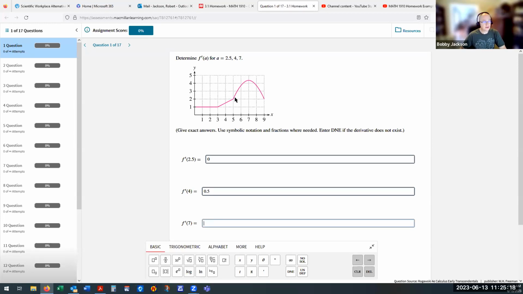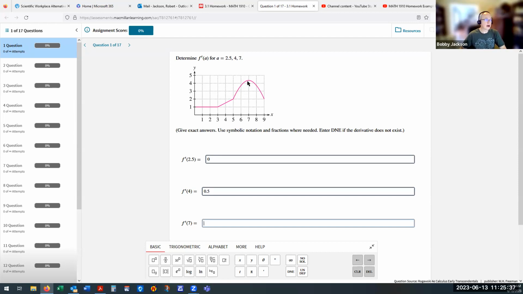And as we vary from 5 to 7, the value of that slope, the value of the derivative, is going down. So close to 5, between 5 and 6, the slope is fairly steep. So the slope is a big number. And as we move closer to 6, the slope is getting smaller.